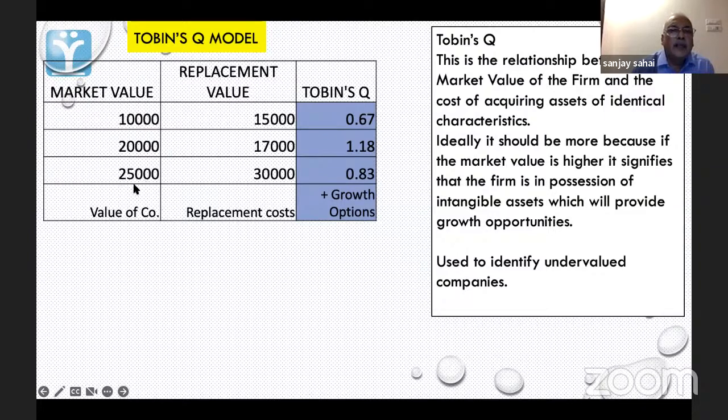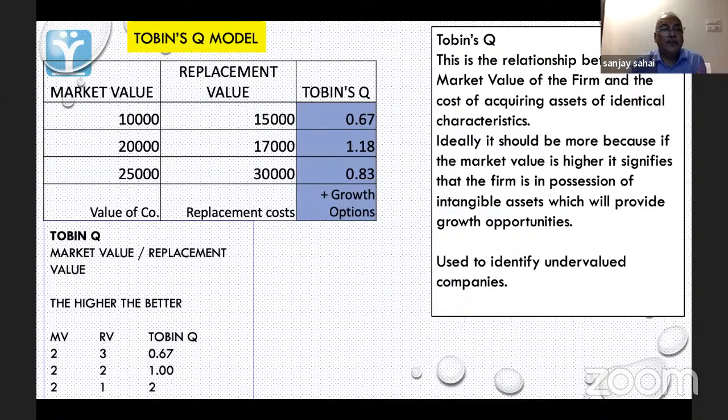The third company, 25,000 is the market value, replacement value is higher, 0.83. Basically, what this means is that those companies which have a Tobin's Q ratio of less than 1, somewhere there is an undervaluation, that the market is not giving any credit to the company for what it has done. And the intangibles, the customer relationships, the market share, you are not giving any value to. The intangible assets, you are not giving any value, and the market value is actually less than the replacement value. That it indicates that the company is undervalued.